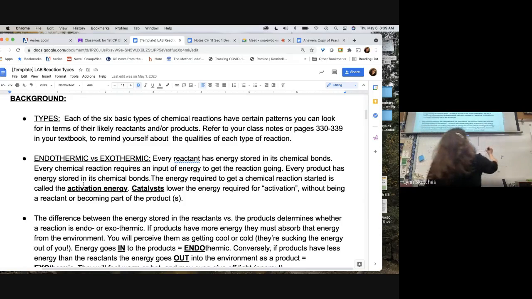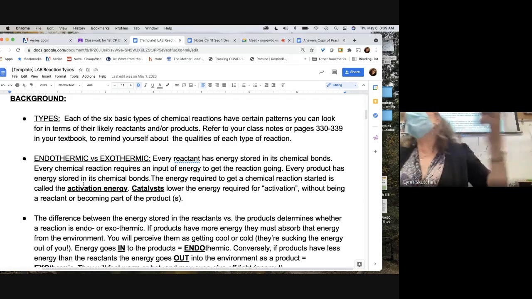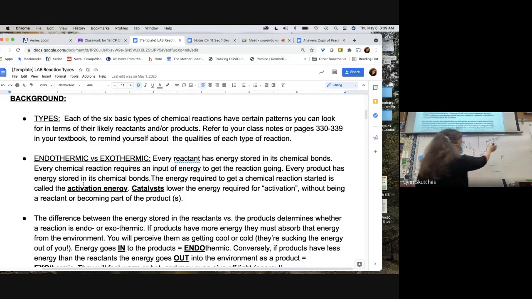All reactions to get started require something called activation energy. They need a push. So even the most explosive reactions, like hydrogen and the Hindenburg, they need a little spark to get started.